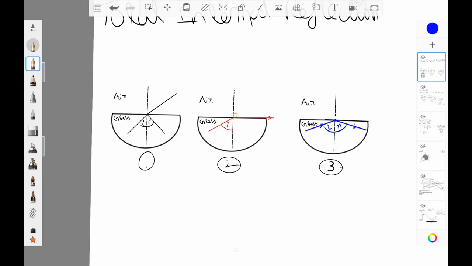Now in diagram 3, we'll be looking at a possibility where the incident angle is increased even further, to the point where the incident angle is actually greater than the critical angle. And at this point, no refraction occurs whatsoever. Rather, all of the light is reflected within the glass, and this is the process of total internal reflection.